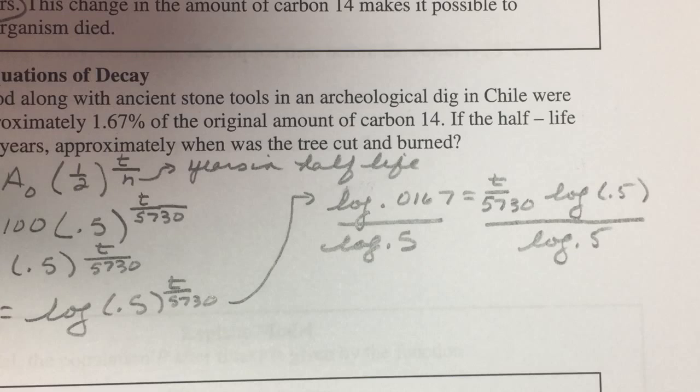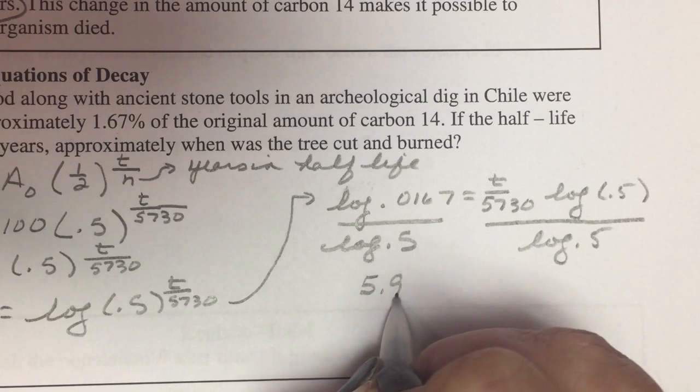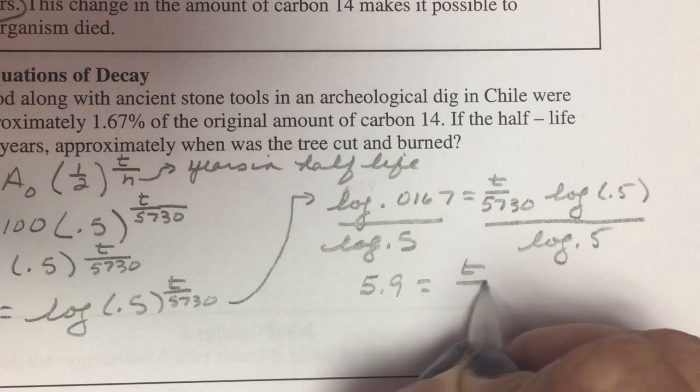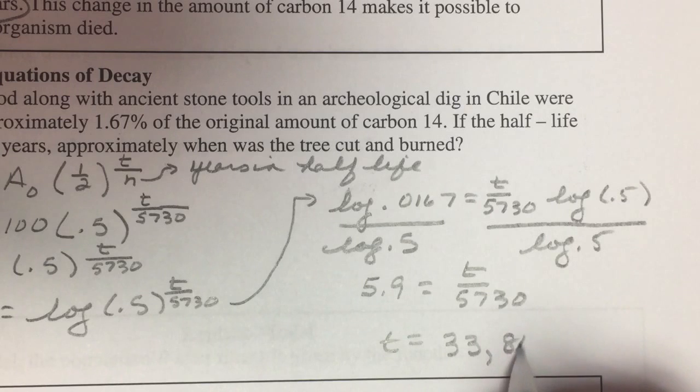So that would be the log of 0.0167 divided by the log of 0.5. Sorry about this. And I get about 5.9 is equal to t over 5,730. And then simply to find t, you'll take that 5.9 and multiply it by 5,730. And we get about 33,800, I think it's years.